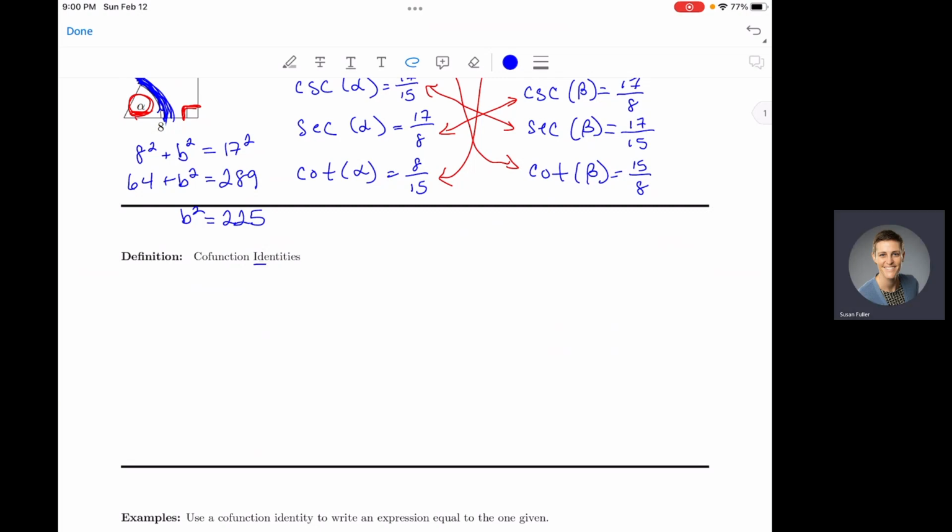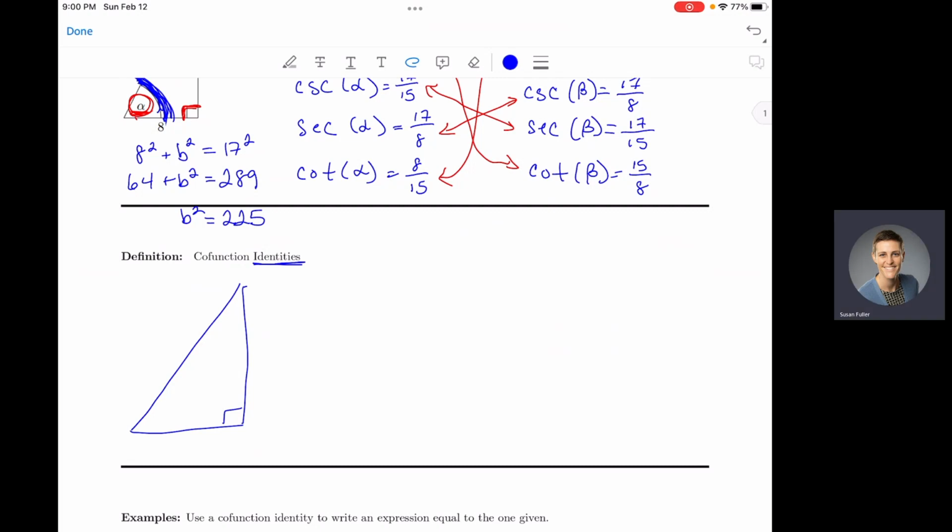We're going to get into what an identity is much more in detail later on in the semester. For right now, just know that an identity is an equation that is always true, no matter what value the variable takes on. So, I'm going to give us a triangle here to give us a frame of reference.